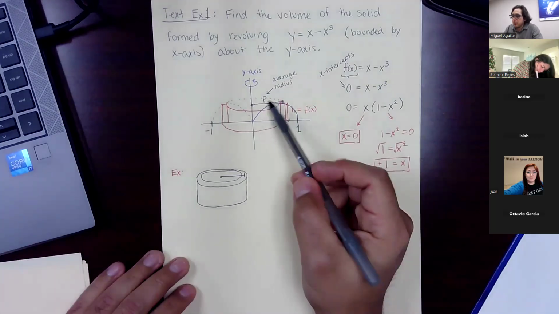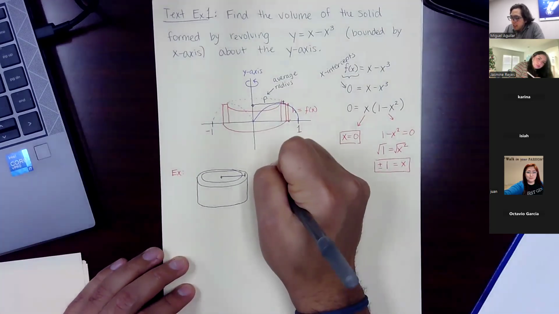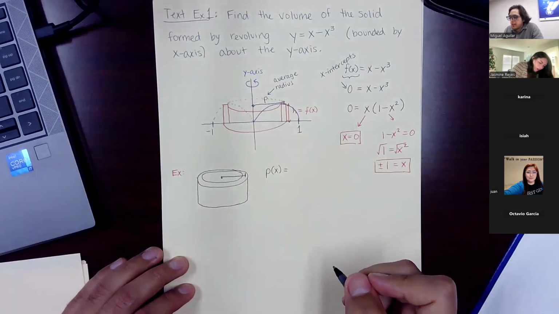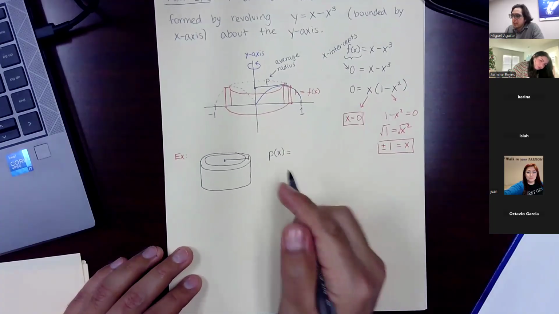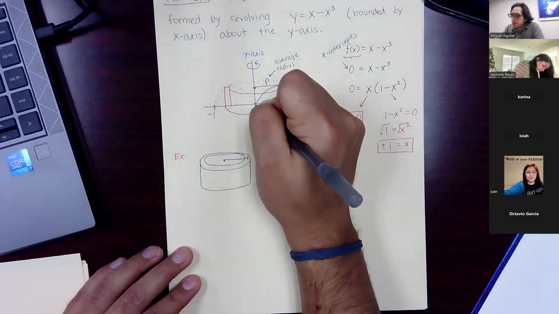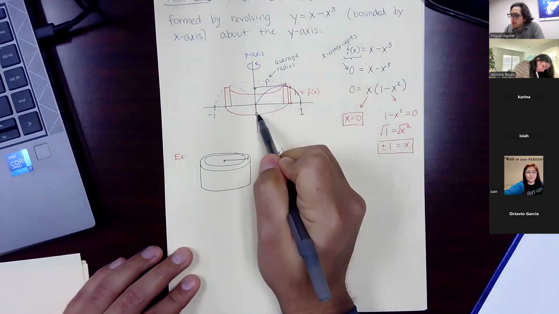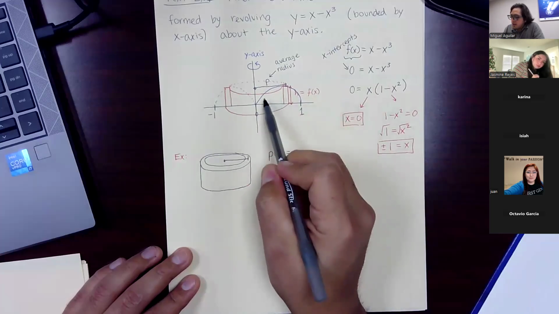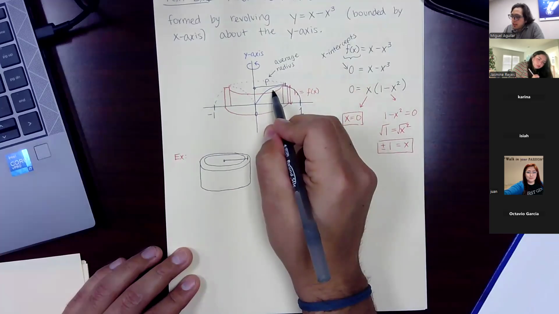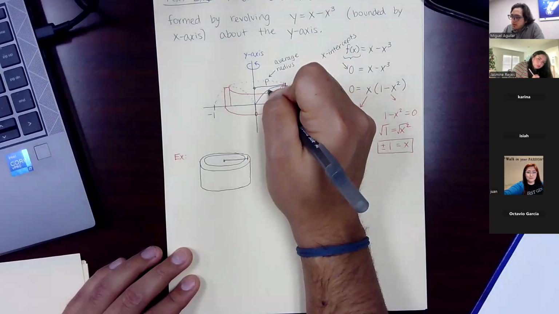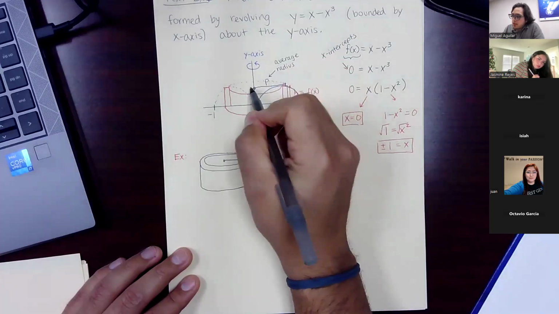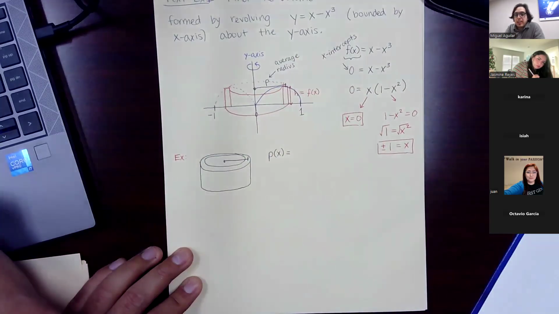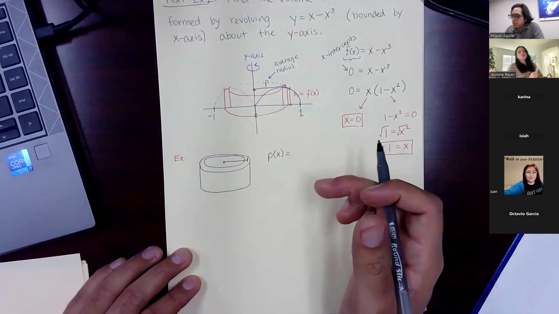But what does p represent? Because remember that p is supposed to be a function of x. You have to think about it as we are integrating, let's say from 0 to 1. If we were to draw another rectangle somewhere closer to the y-axis here, you would get a tinier shell embedded inside this larger shell that we drew.